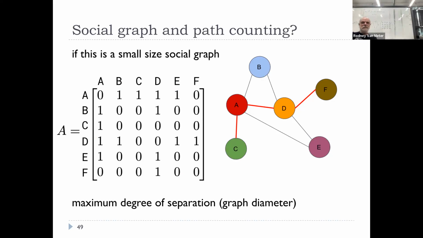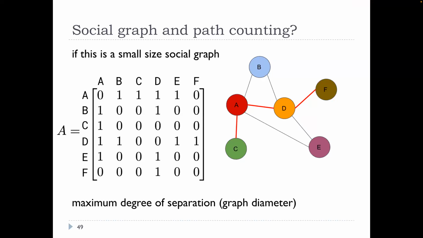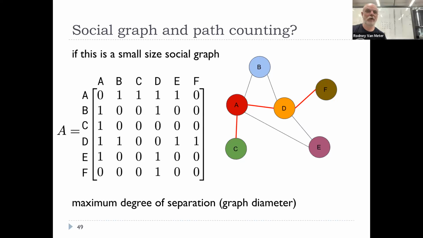If there were 1 billion people on our social network, and you write out the adjacency graph of everybody who's friends, how big is that adjacency matrix? If we have 1 billion people in our social graph, how big is our adjacency matrix?